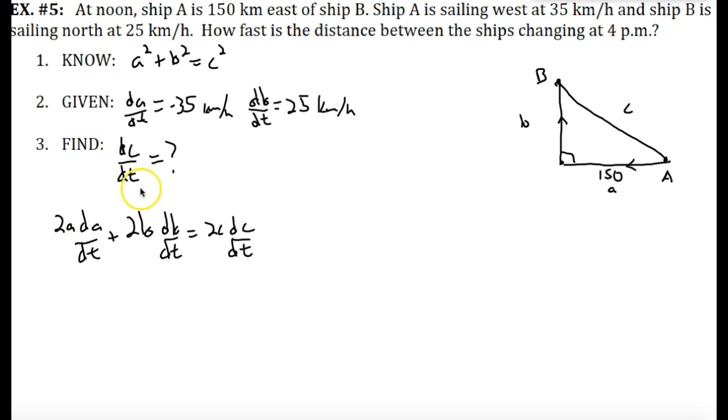I know dA/dt and I know dB/dt, and I want to find dC/dt. But right now, I don't know A, B, or C. So let's dive a little deeper into this problem.